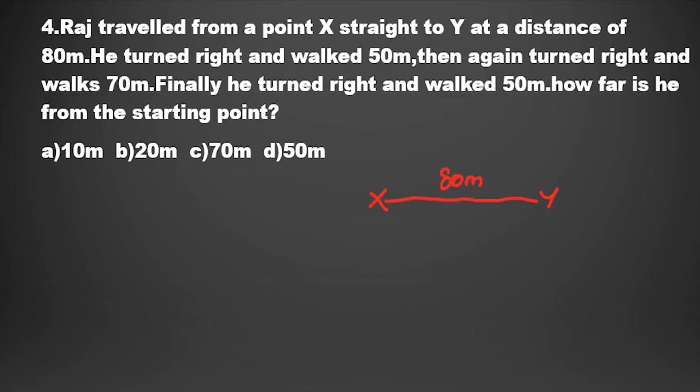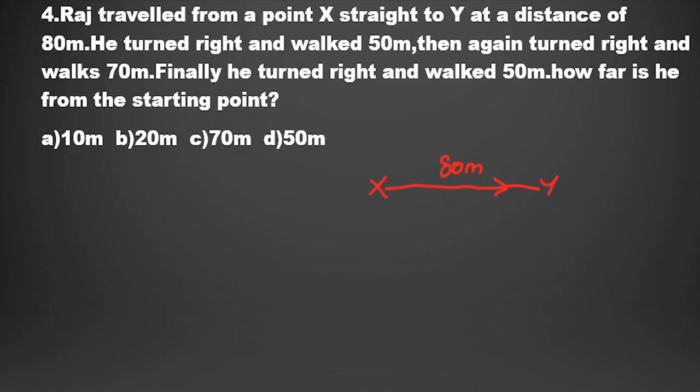He turned right and walked 50 meters. From X, he travelled up to point Y, 80 meters, and he turned right and walked 50 meters.